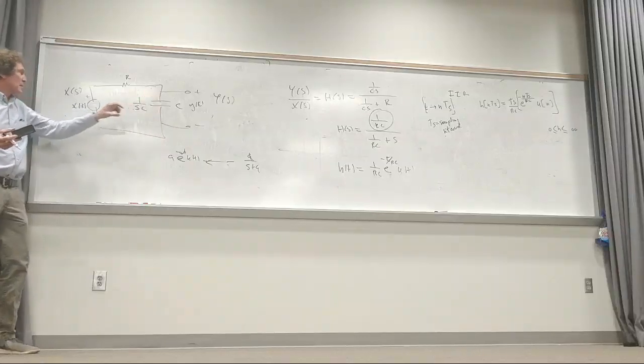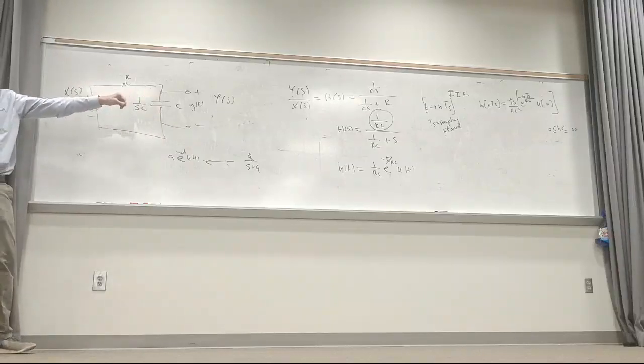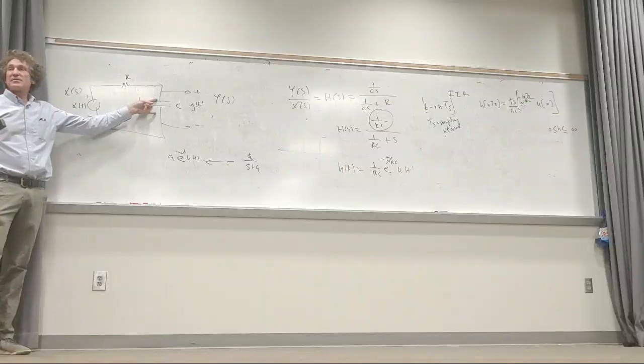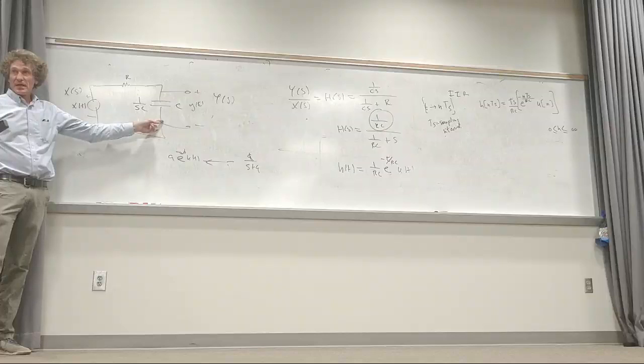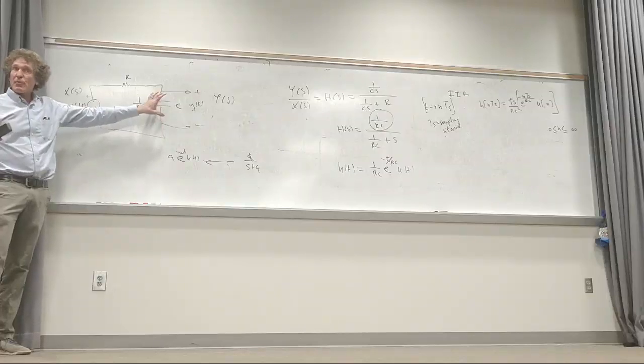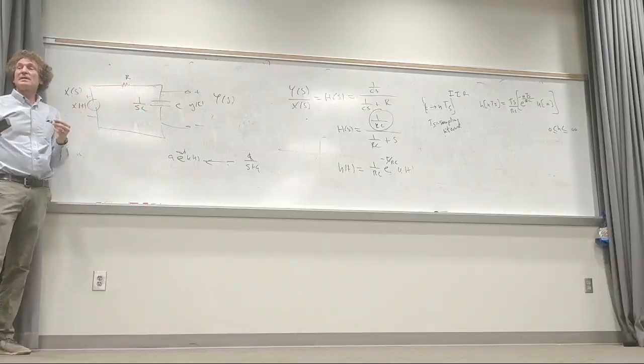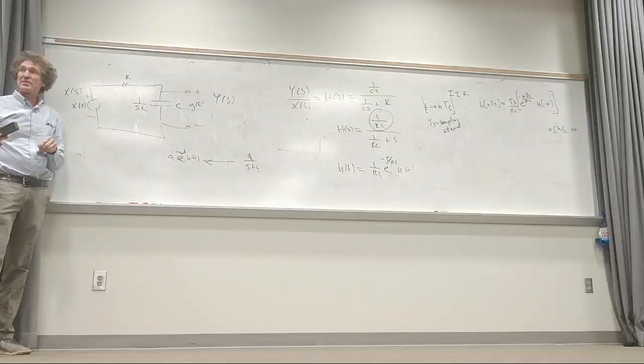If that's an open circuit, the input is the output, right? What happens to this as frequency goes to infinity? What's the impedance of this? It's 0. And therefore the output would be 0, right? Divided by 0 plus something times the input, or it would go to 0. You can just take a look at that. That's a low-pass filter. Do you understand that, class?